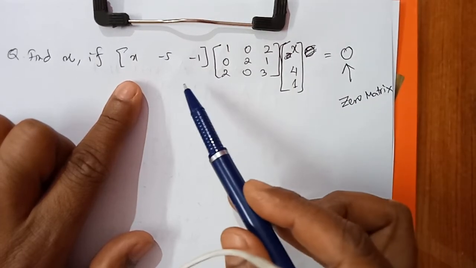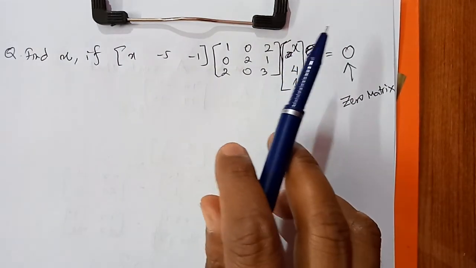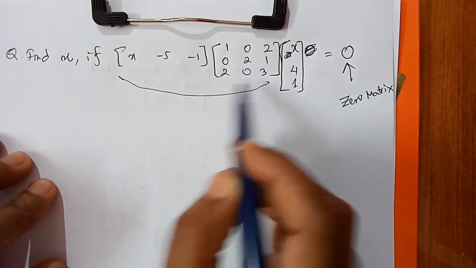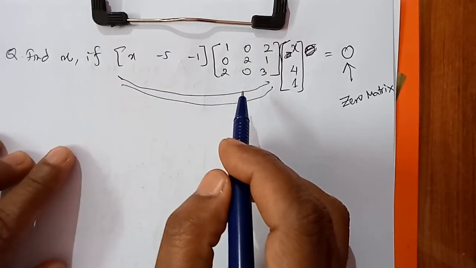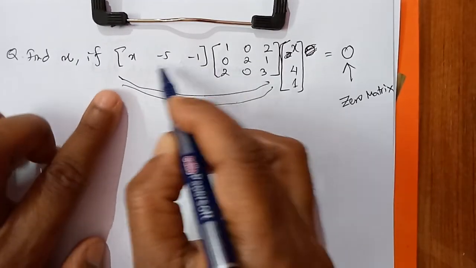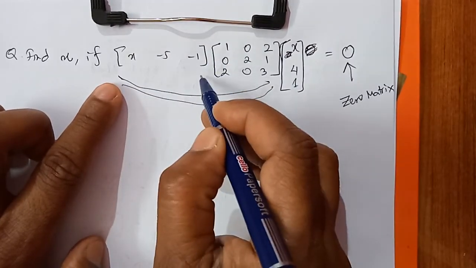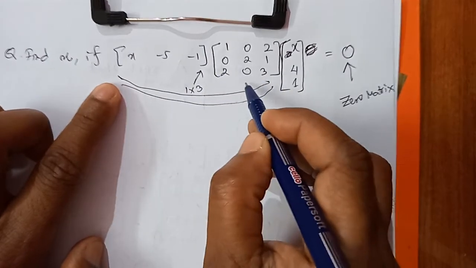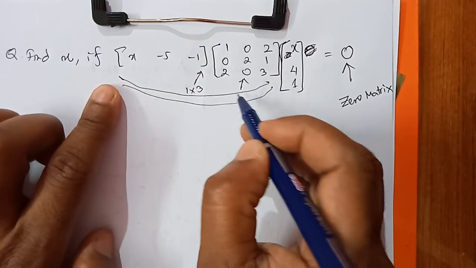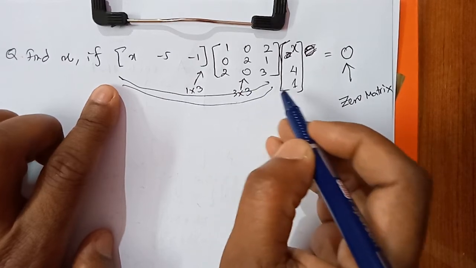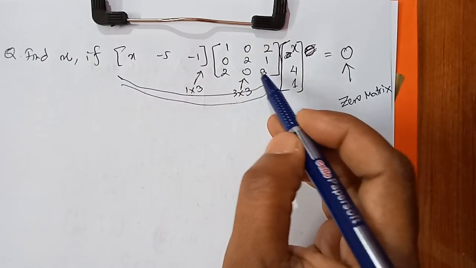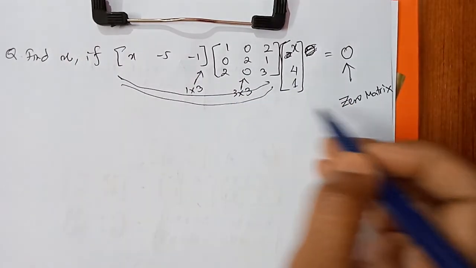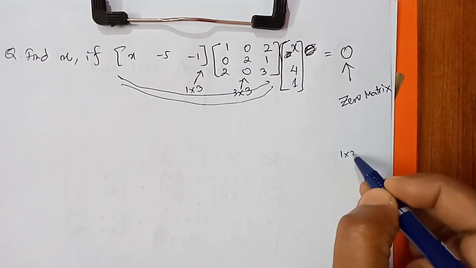So there are products of three matrices on the left hand side, so you have to do the product of two matrices first. These two products you have to find first. So what is this order? Row 1 column 3, this is order 1 by 3, and this matrix is order 3 by 3. So the product of these two matrices will be 1 by 3.